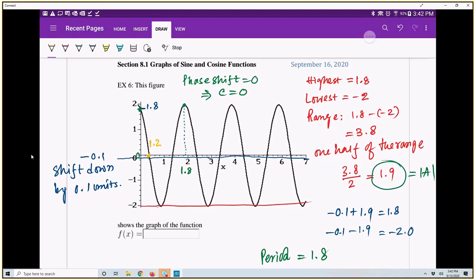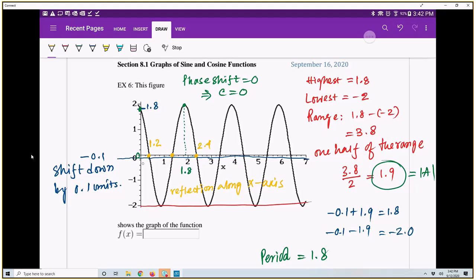Then the function goes downward, so there is a reflection along the x-axis. In this situation, if you think of this graph as a sine graph, your center line is still 0, so there is no shift downwards anymore. The next 0 happens at this point, and the third 0, which is one full period, happens at this point. And this point is 2.4.